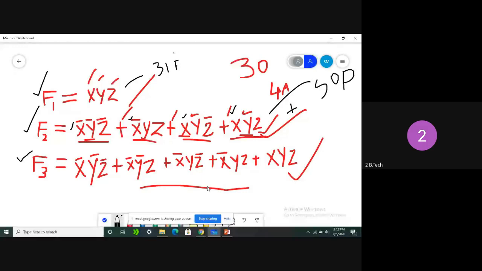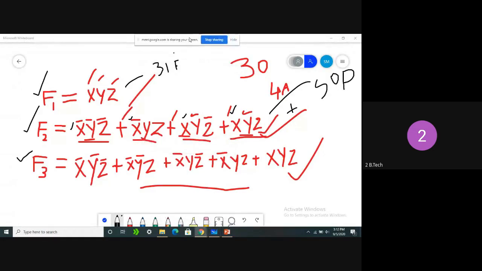See, read it out completely once, what the literals are, that is in the sense what variables are present in F2 and F3. These are the functions we got from the truth table. But leave the concept of the truth table for now. Just like we have functions F1 and F2 like this, I'm slightly changing them for our convenience.